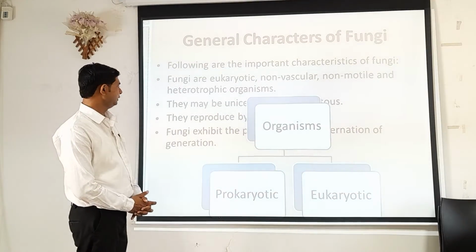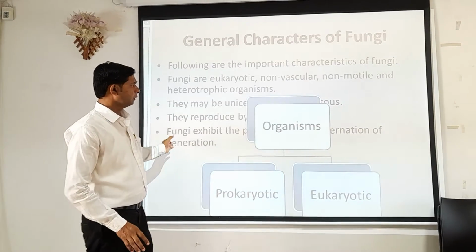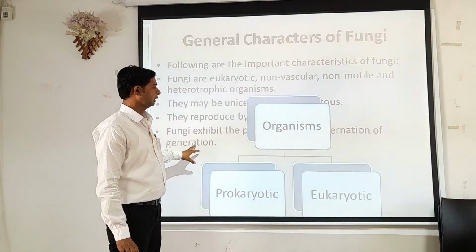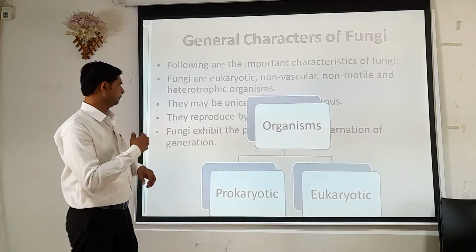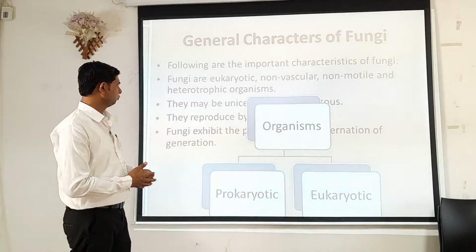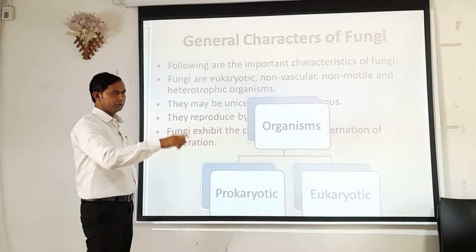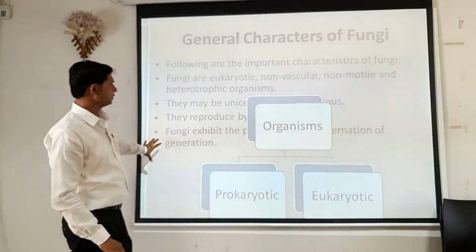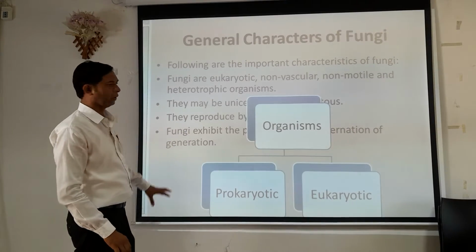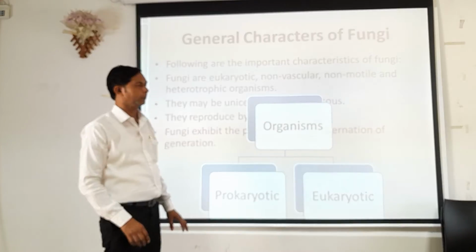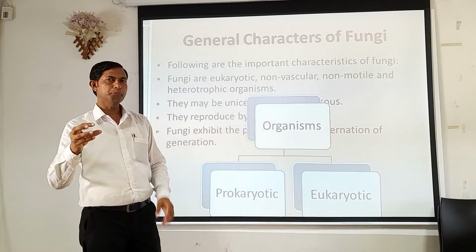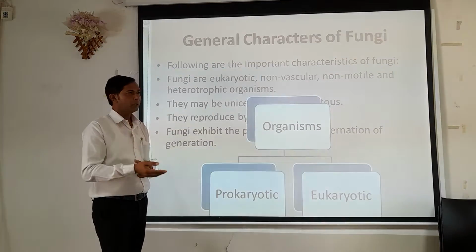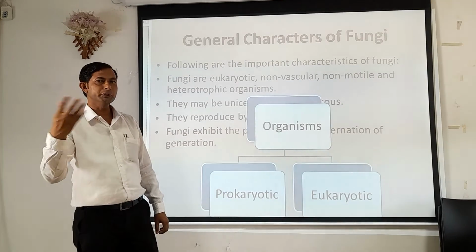So they are most importantly reproduced by asexual or vegetative mode of reproduction. Fungi exhibit alternation of generation. Say for example, fungi produce spores. The spores will germinate, and after germination, they will produce the thallus.